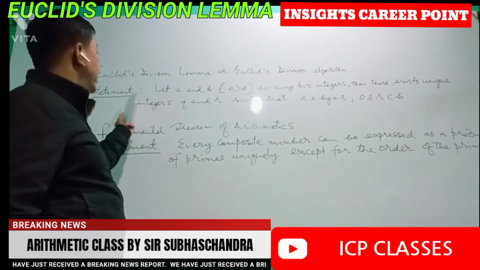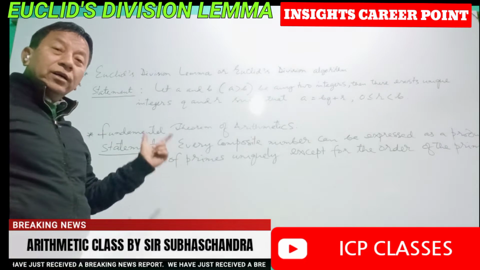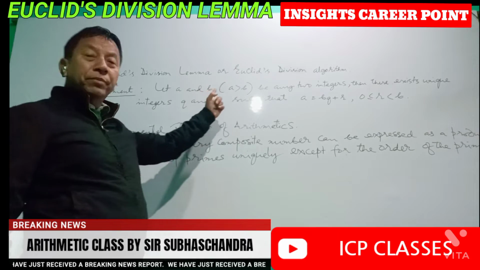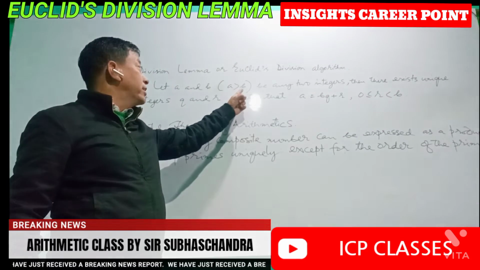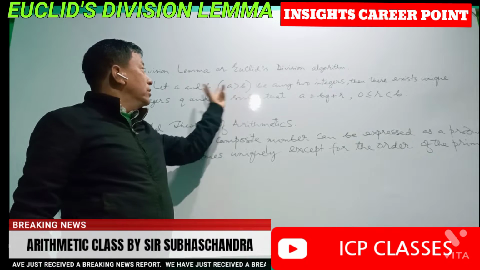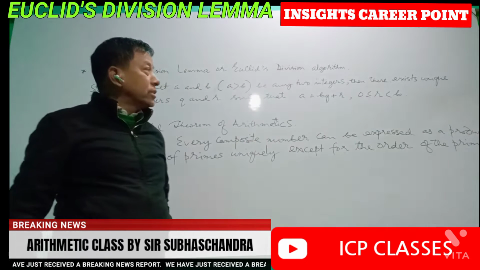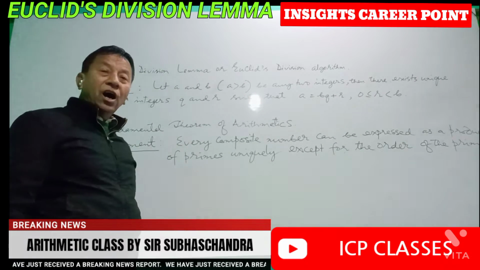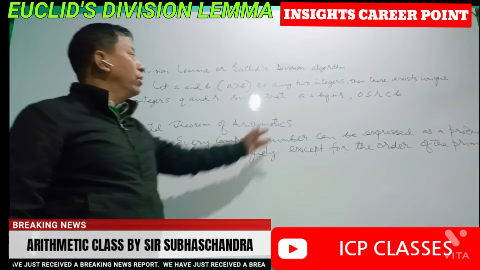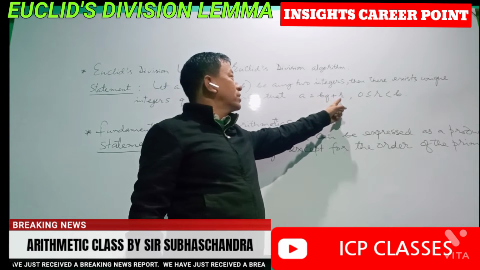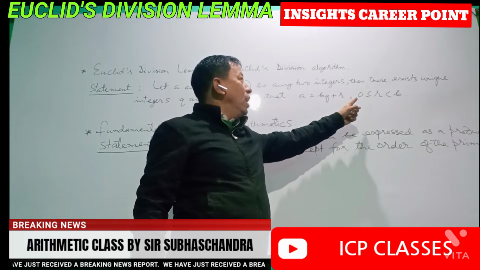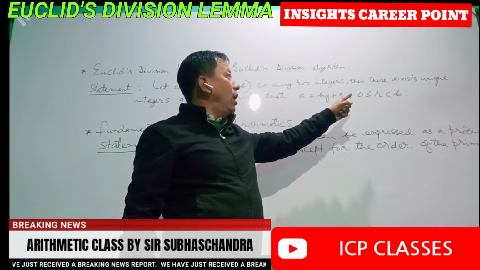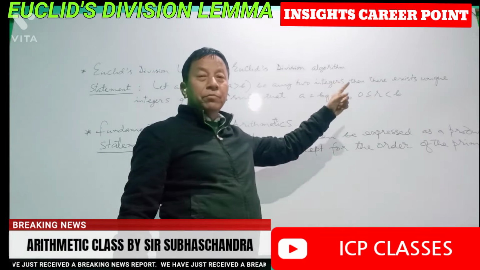There is the statement: if we take any two integers a and b such that a is greater than b, then there exist unique integers q and r such that a equals bq plus r, where 0 is less than or equal to r and r is less than b.